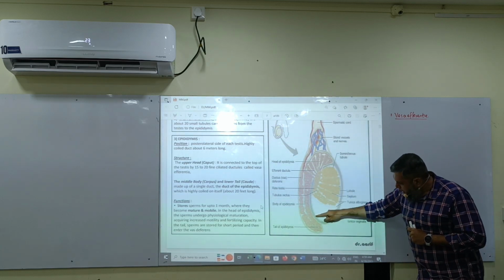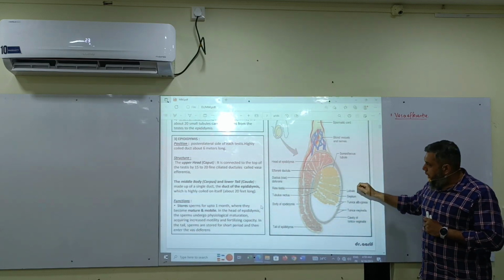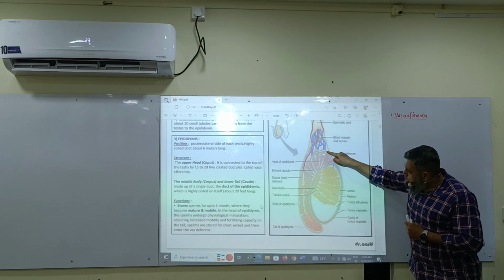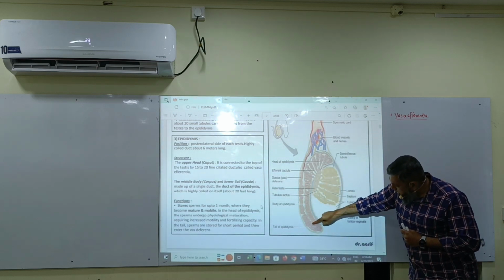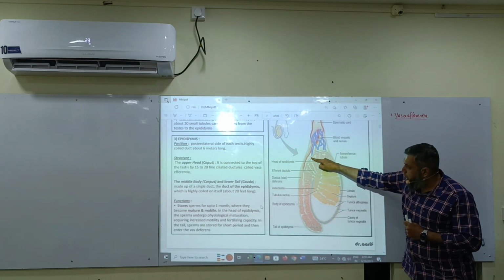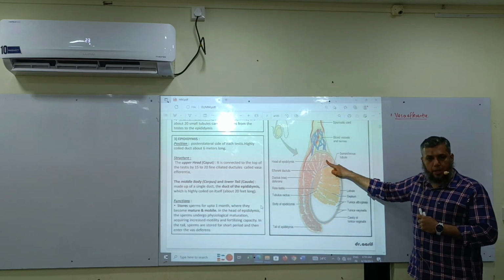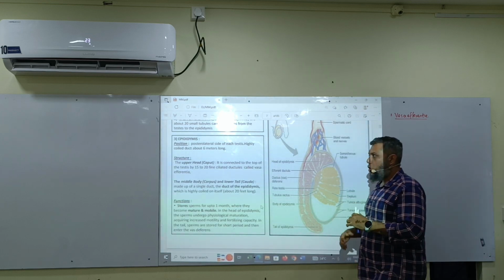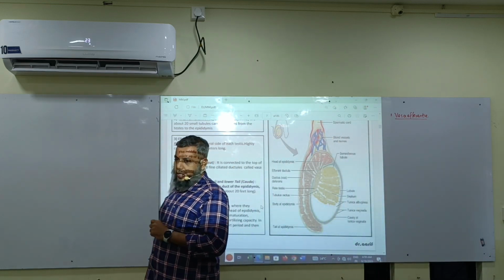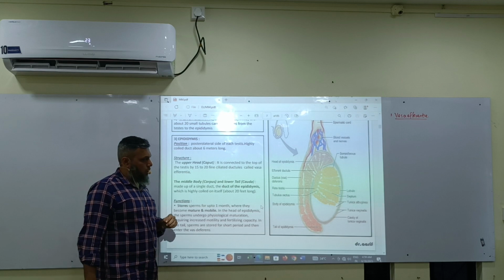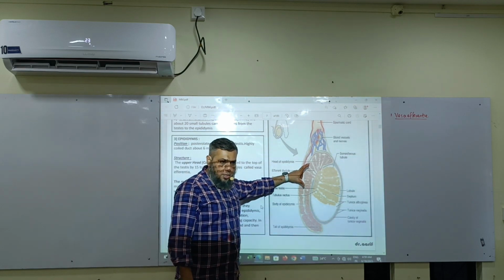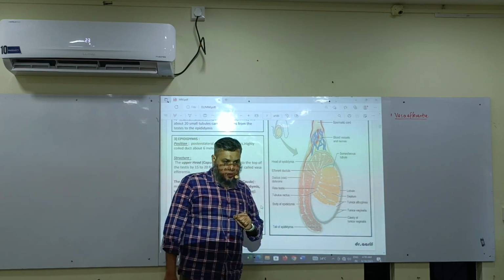So this is the testis, and do you see these highly coiled structures? These are called the epididymis, and they are on the posterior lateral side of each testis.